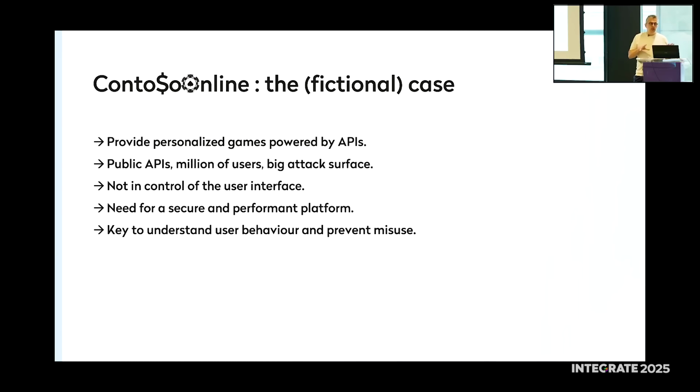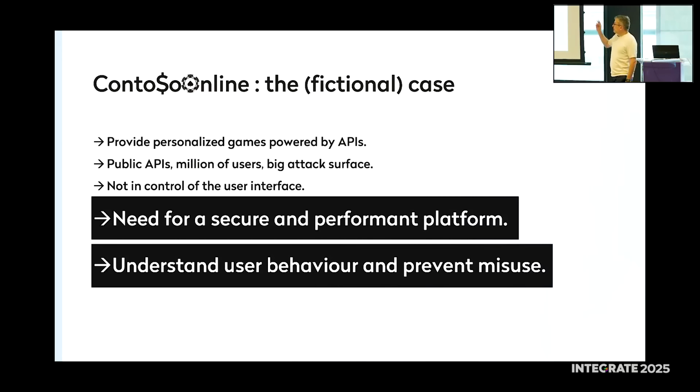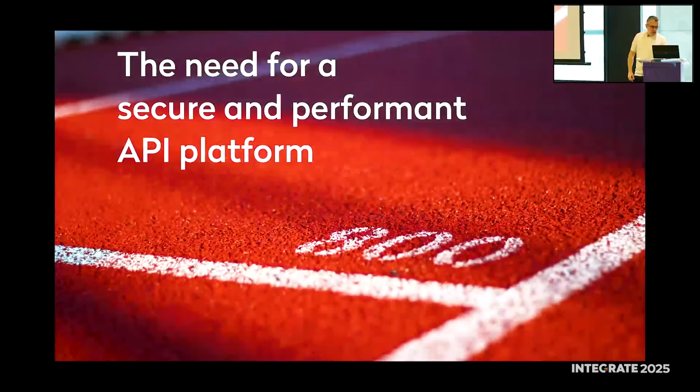They are not in control of the user interface. They provide an API platform, and depending on their customer, they can dynamically provide the user experience. They want a secure and performant API platform, and the other key goal is to understand the user behavior. Those are the two things that we will see today. This is our focus. Let's move on.